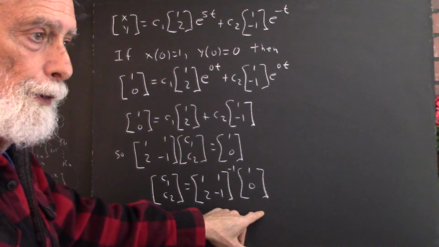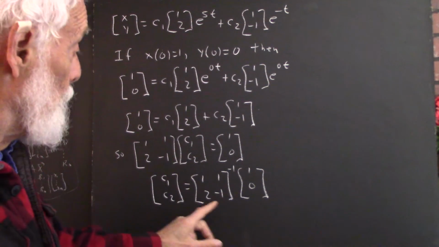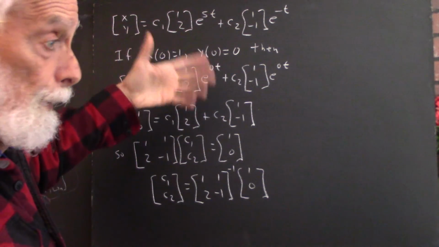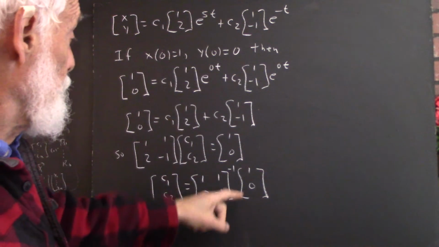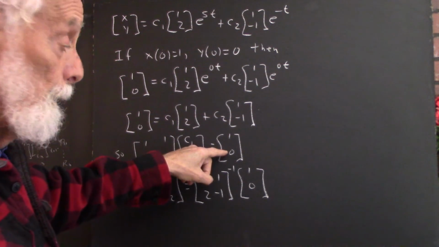So among other things, having written it in this form, once you've inverted the matrix, you could solve this for any set of initial conditions very quickly just by changing the numbers in this column matrix here, your target matrix.